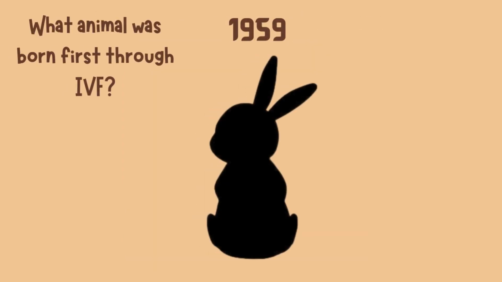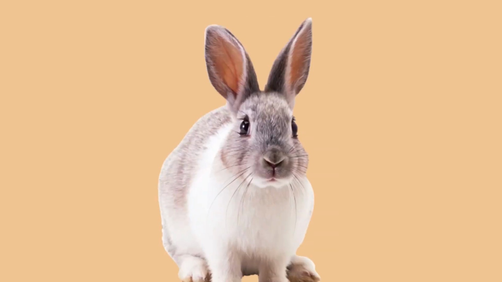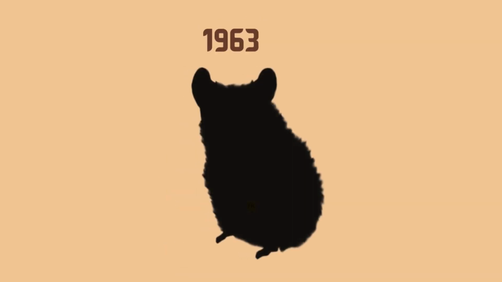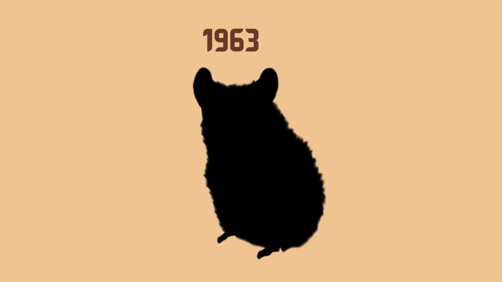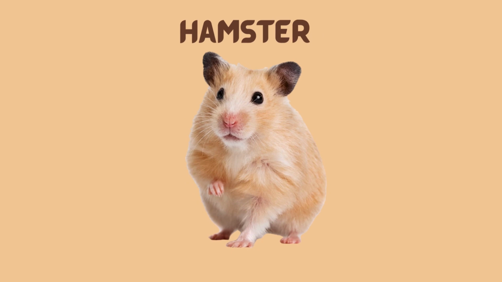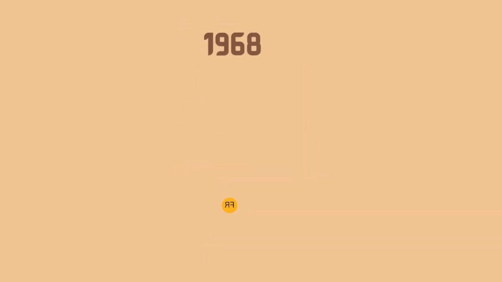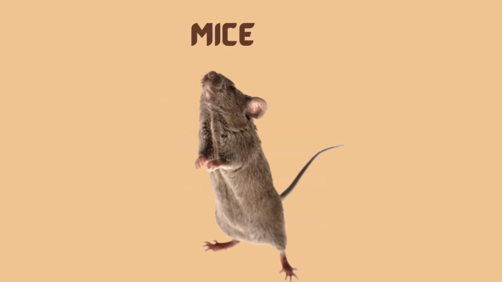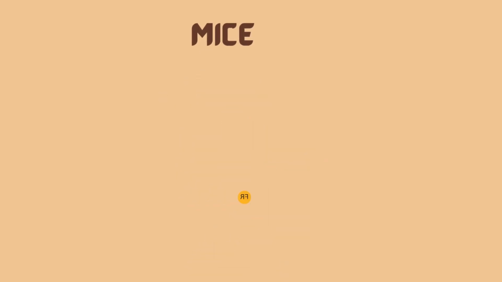So, what animal was born first through IVF in 1955? It's a rabbit. Next animal was born in 1963. Hamster. For this one, let's make a quick guess, guys. Come on. Yes, you are correct. It's a mice.